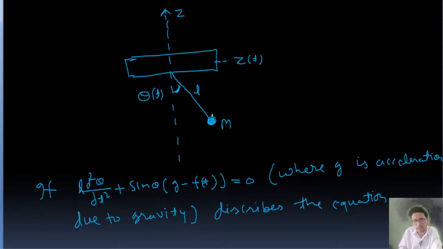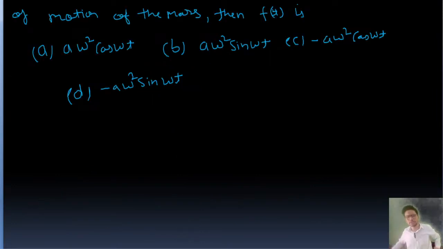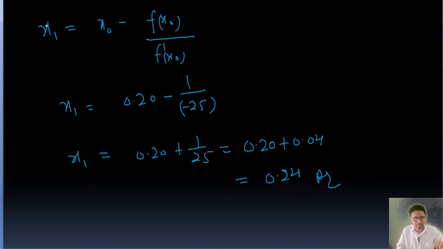And now we have been given the equation of motion of this mass. Now we need to find out the value of f t. So this is the question, guys. I'll solve it now.